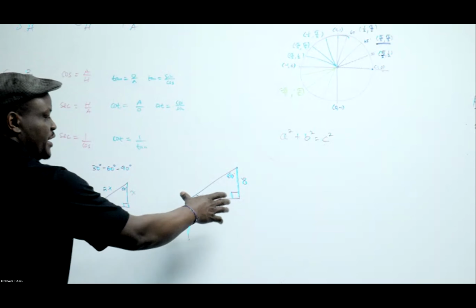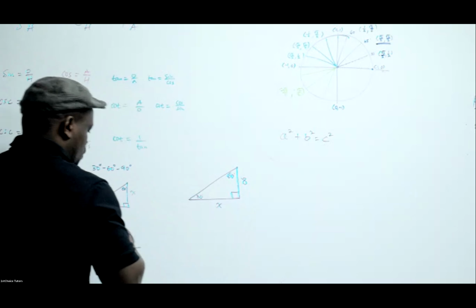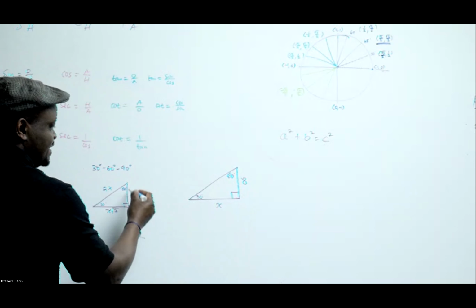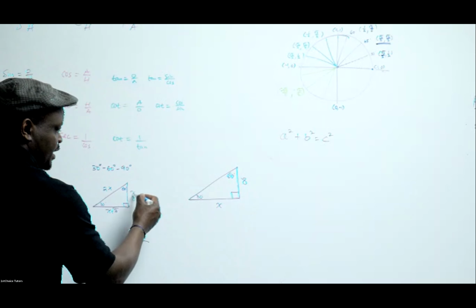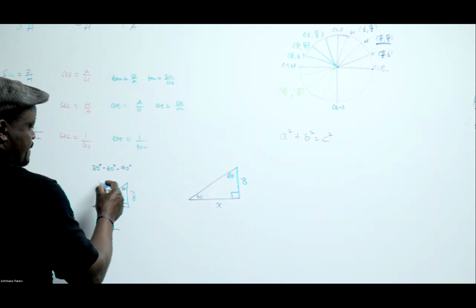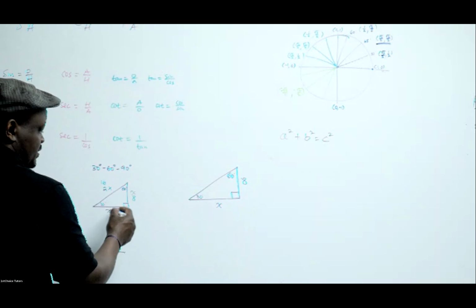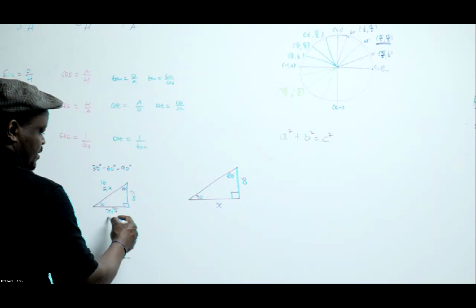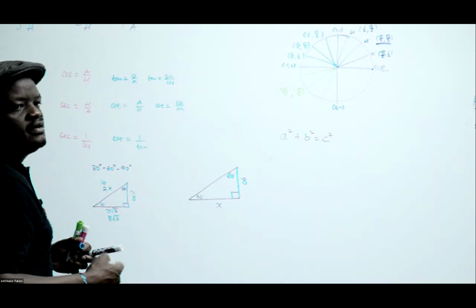So when you compare this to what we're given, they give us the short leg as 8. What does that make the hypotenuse? That makes it 16. And that makes this one 8√3.